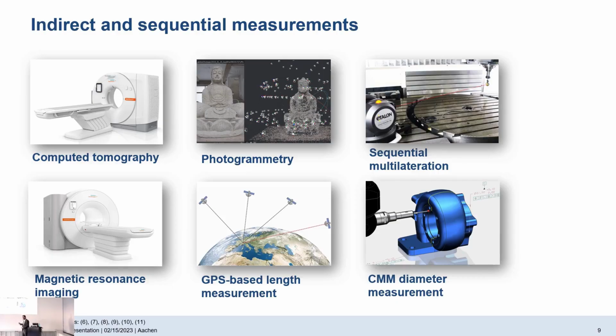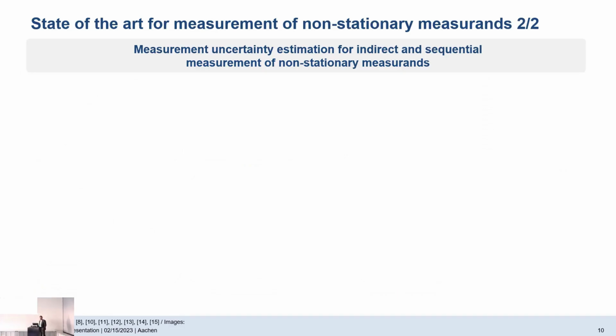So for the last example, we typically don't have to deal with non-stationary measurements, but if we would, it could become critical quite fast. And this list is still far away from complete. However, what about the measurement uncertainty estimation for indirect and sequential measurements of non-stationary measurements?